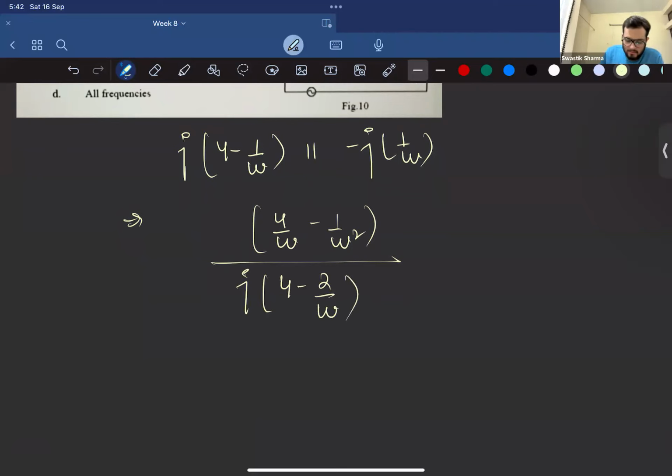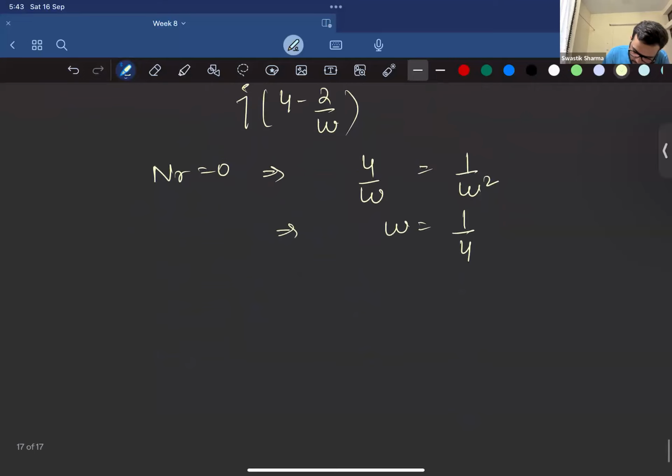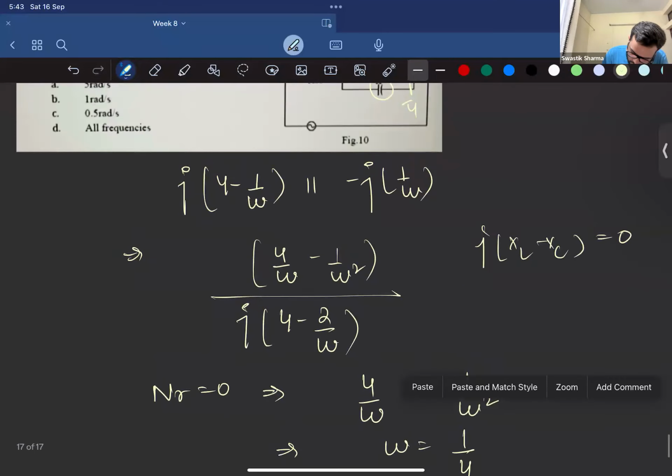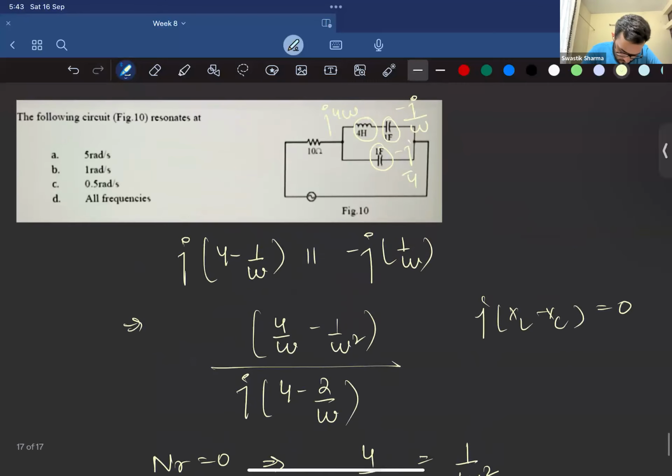So since the circuit is at resonance, what we need is the imaginary part equal to 0. So j XL minus XC should be equal to 0. So equating the numerator to 0, we'll get 4 upon omega is equal to 1 upon omega square. Just a second. 4 omega, right?